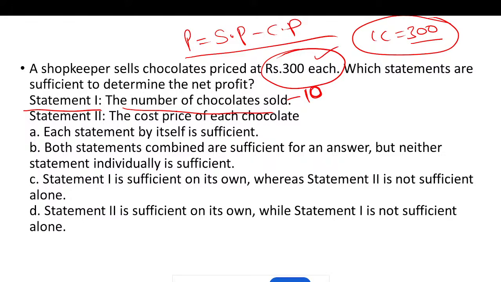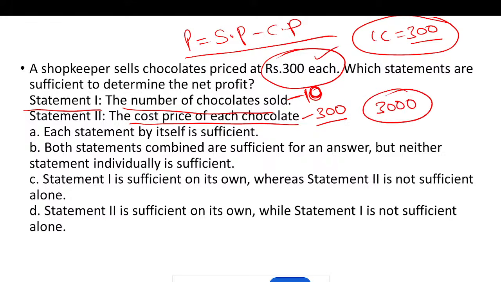And statement 2 is the cost price of each article. Comment your answer, please. The cost price of each chocolate is 300, and the number of chocolates sold is 10. So what is the total value here?